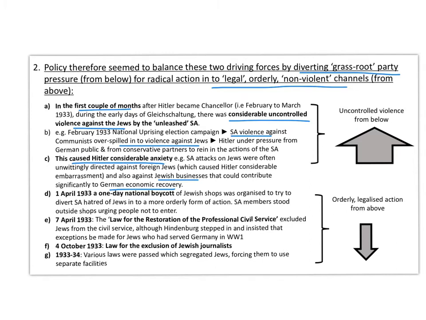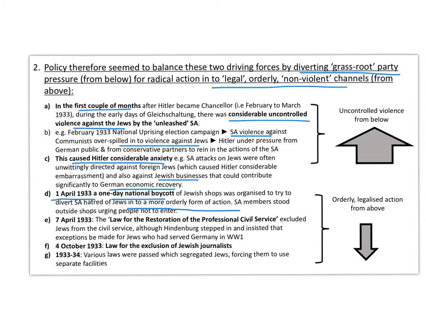So what's interesting then is the first measure that Hitler took against the Jews was he announced a one-day national boycott of Jewish shops. Messages were sent out: don't buy in Jewish shops. But although that seems really shocking, to encourage Germans not to buy from Jewish shops, we can actually see it in the context of trying to channel SA hatred into a more orderly form of action.